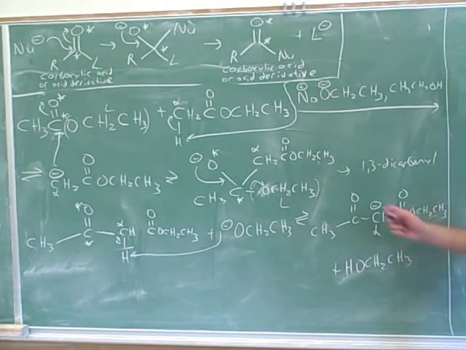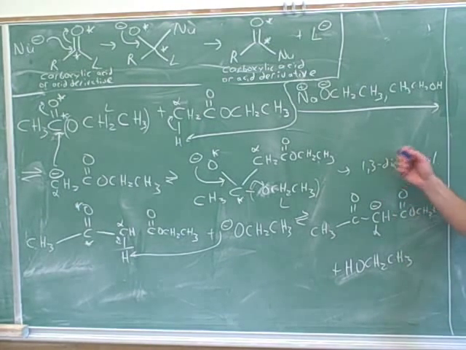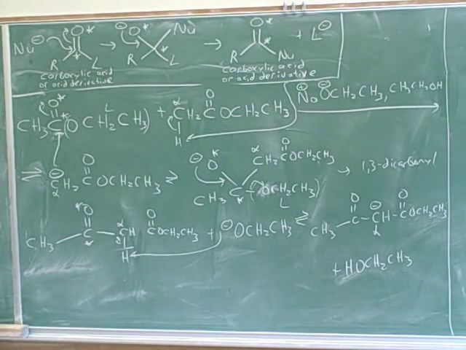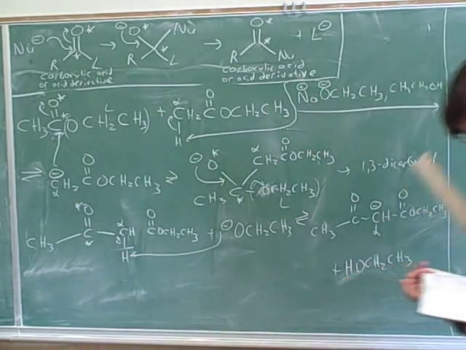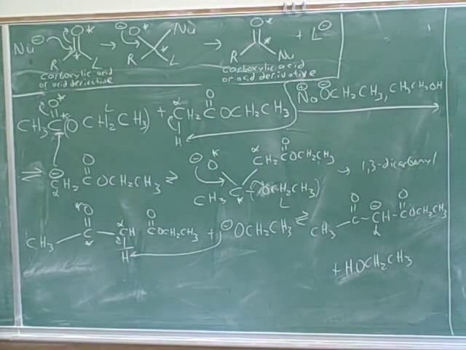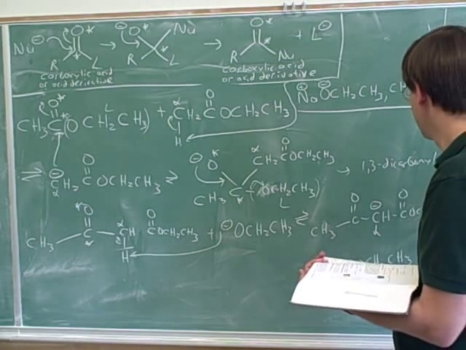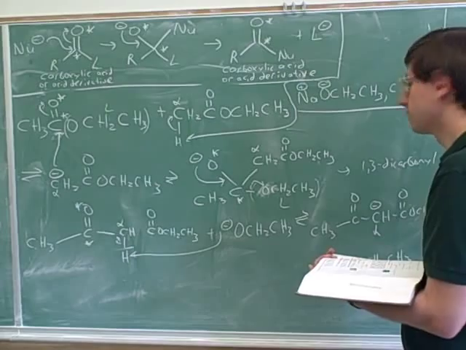They start by telling you how to make 1,3-dicarbonyls. The Claisen condensation is how to make 1,3-dicarbonyls. Soon we'll have to talk about what you can do with 1,3-dicarbonyls, but the first thing we have to learn is how to make them. So the Claisen condensation is a good way to make a 1,3-dicarbonyl. Okay?